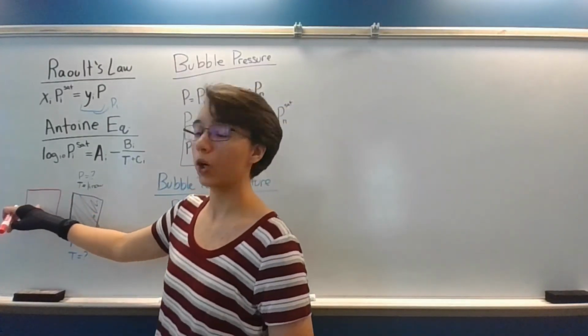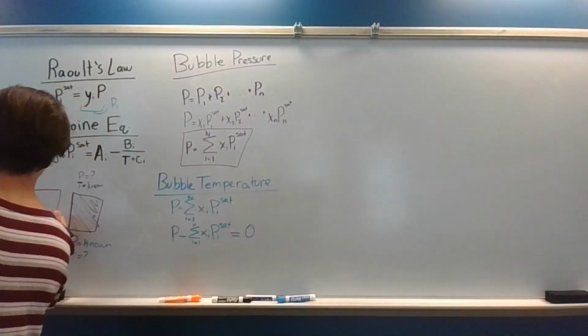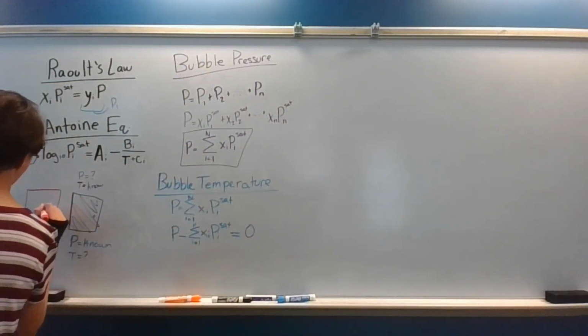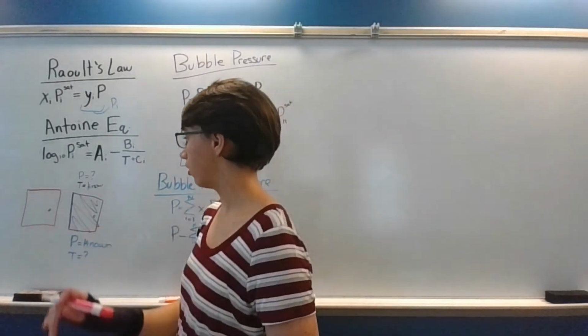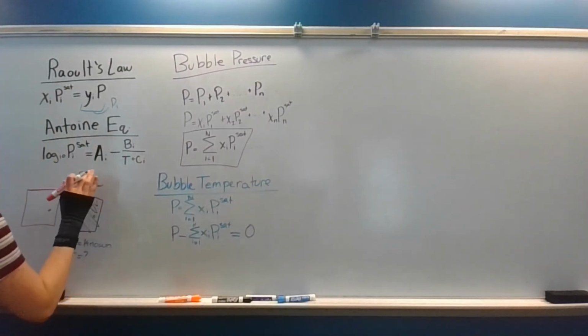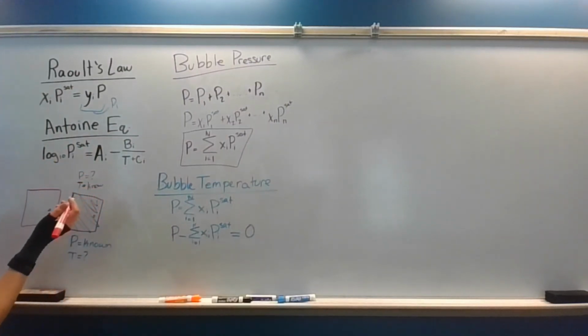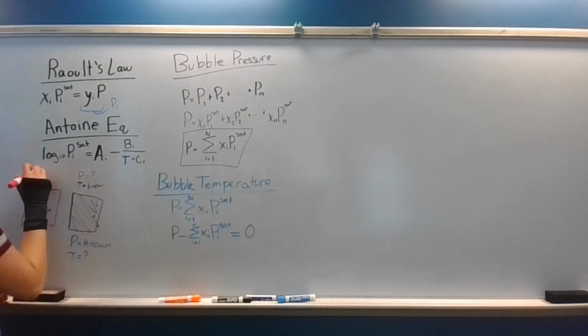This time we're going to start with all vapor and we're going to look for the first drop of liquid that forms. This is the dew point, and again we're either going to know the pressure or the temperature. So we'll start with the dew pressure, where, unlike the bubble pressure, the pressure is going to be unknown, but the temperature will be known.